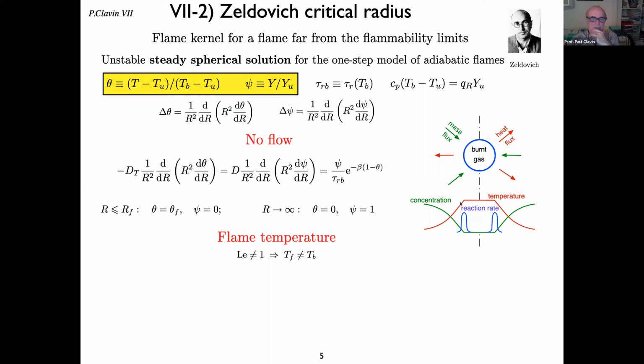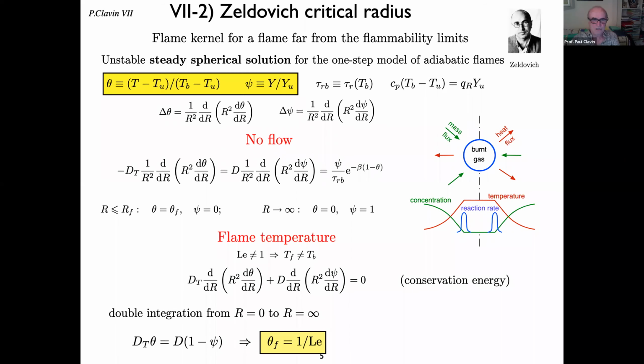It turns out that it's easy to see when you look at this equilibrium here that the temperature is going to depend on the ratio of the diffusion coefficients. So when you conserve energy, the reduced temperature of the flame, which is defined here, which is T minus Tu, where Tu is the temperature at infinity, and Tb is the adiabatic temperature of a planar flame, okay, planar, this Tb, so you should understand that.